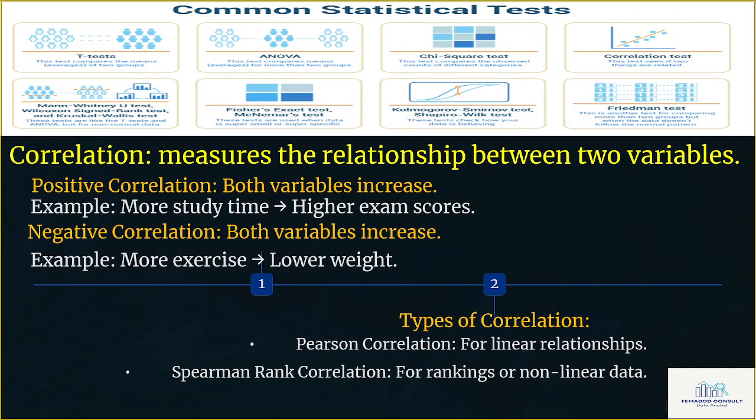So let's move on to common statistical tests or statistical tools. There are a lot of statistical tools. We have the t-test, ANOVA, chi-square test, correlation test, Friedman test, Smirnov test, Fisher's exact test, we have so many tests.